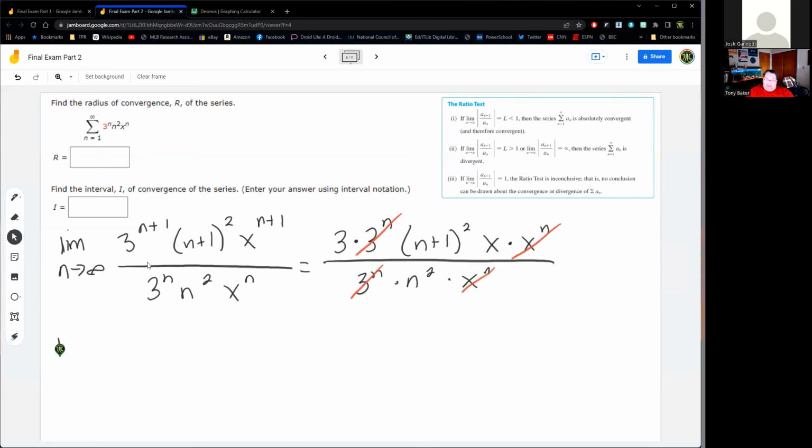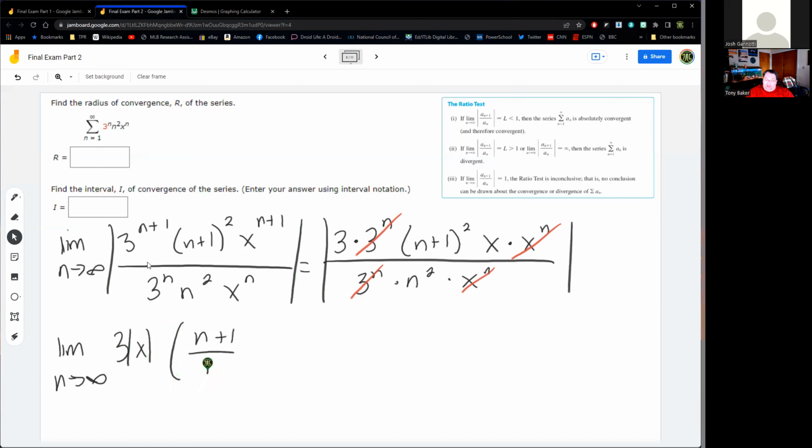So my limit is 3x. No, sorry, forgot my absolute value. 3 absolute value of x, and then it's n plus 1 squared over n squared.